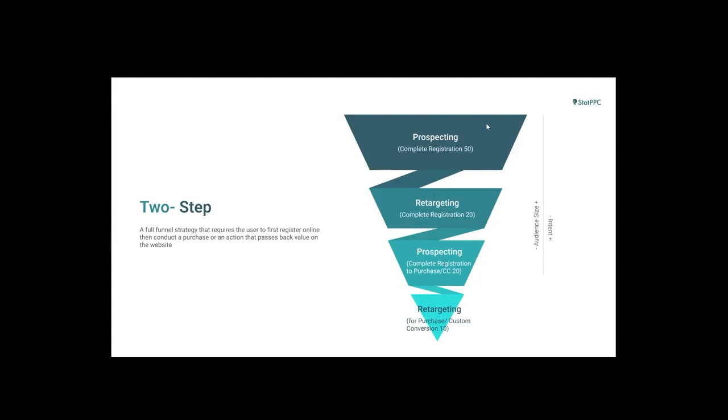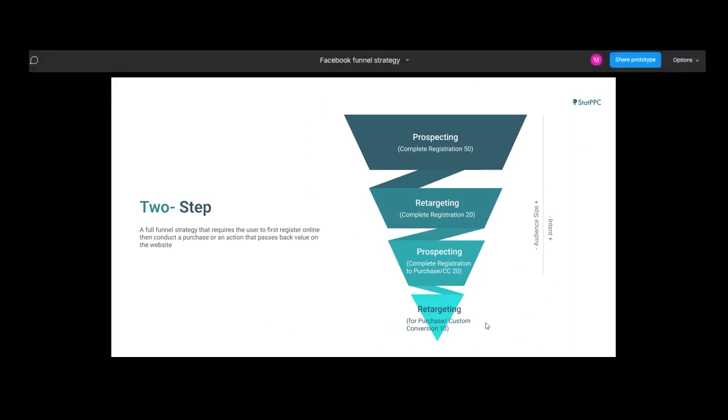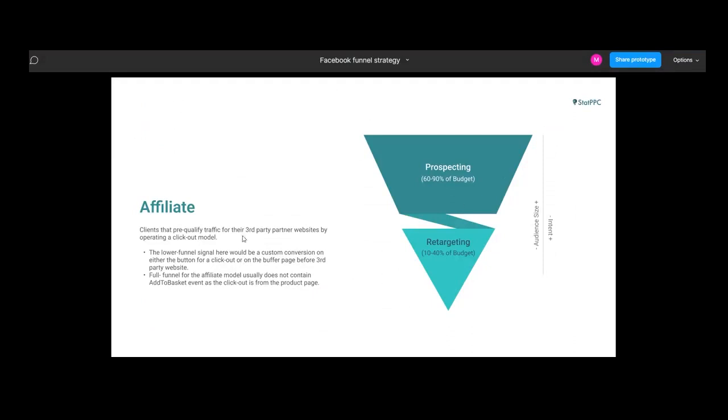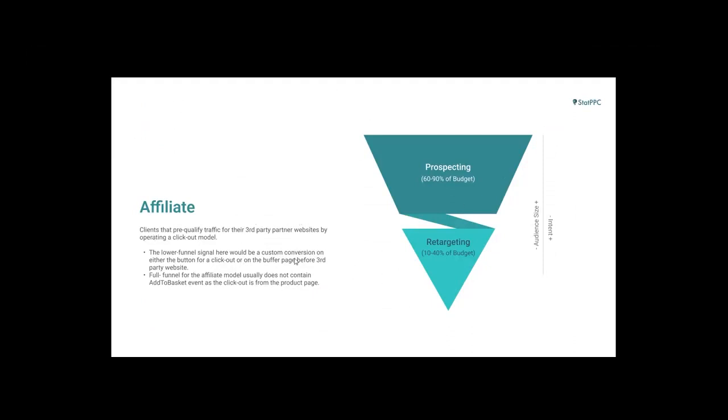What this will do is that there will be a prospecting and retargeting that is focused on lead gen, and there will be another prospecting and retargeting that is focused on purchases. So this is like a small funnel, because only after someone becomes a lead will we try to make them purchase. This is the basic idea of this 2-step funnel. And this other one is just for affiliate promotions.